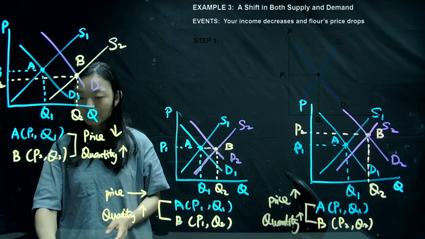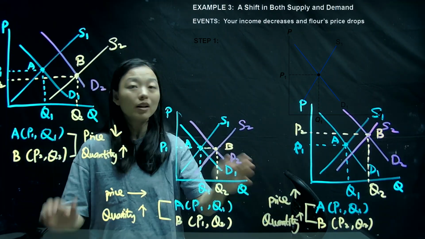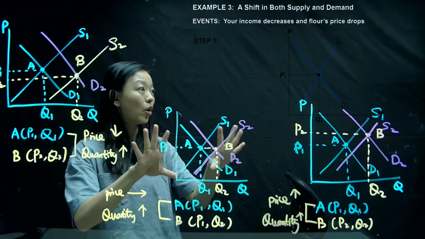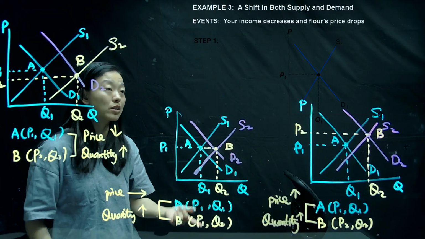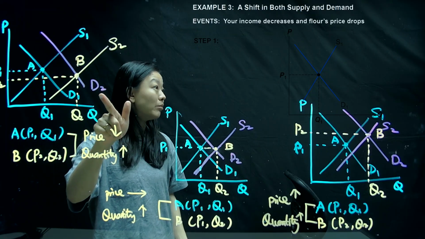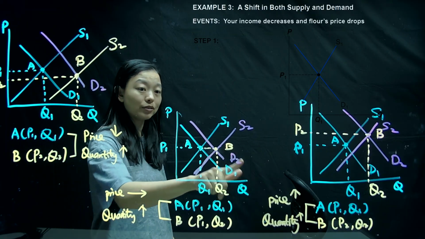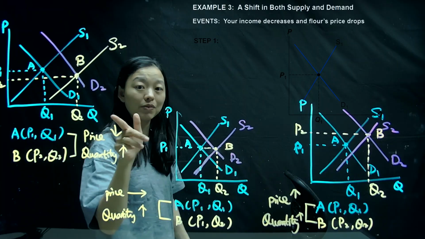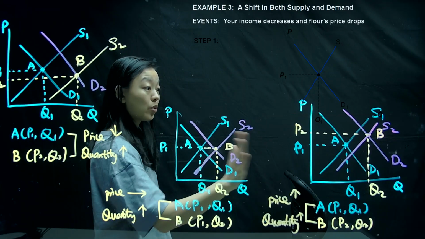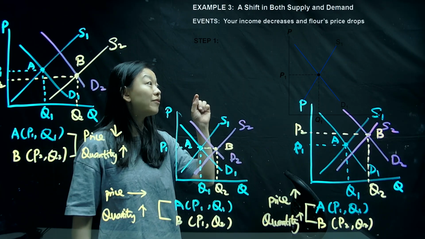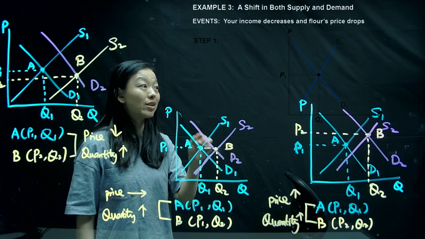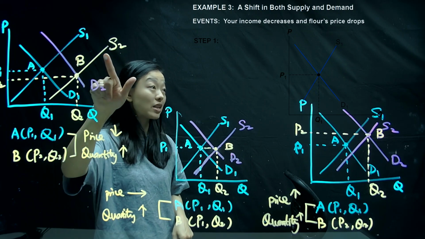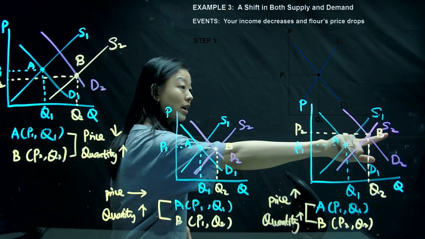So you can look at these three graphs. Those three graphs all reflect these two events, because income decrease will shift the demand curve. All three graphs shift the demand curve to the right-hand side. When the flour's price decreases, it will shift the supply curve to the right-hand side. So you can see the supply curve will shift to the right-hand side.